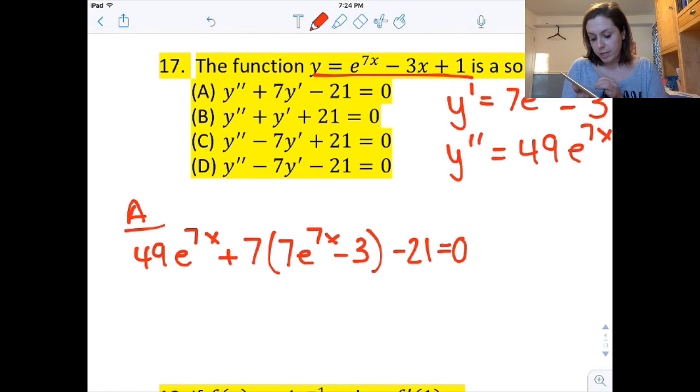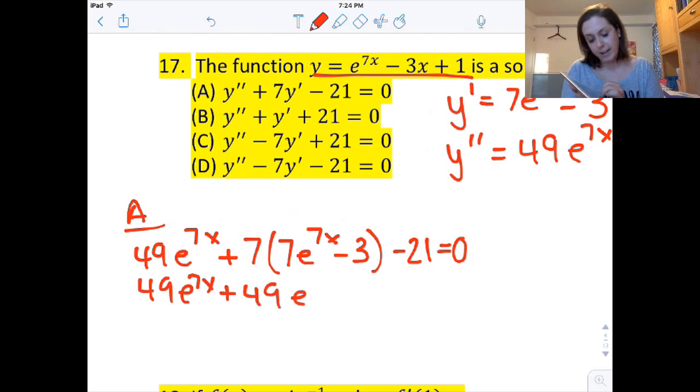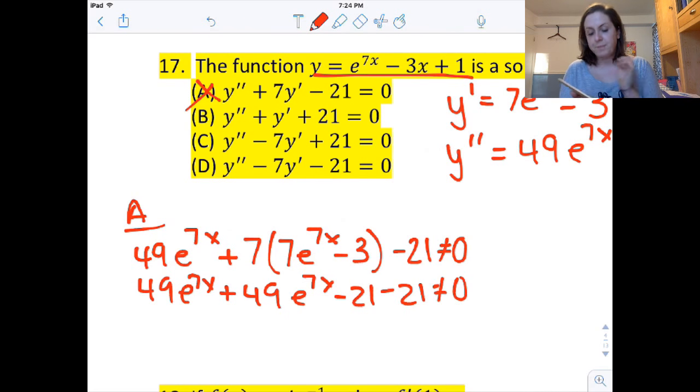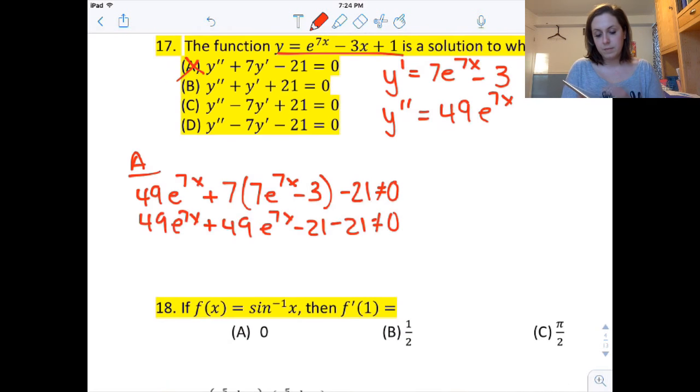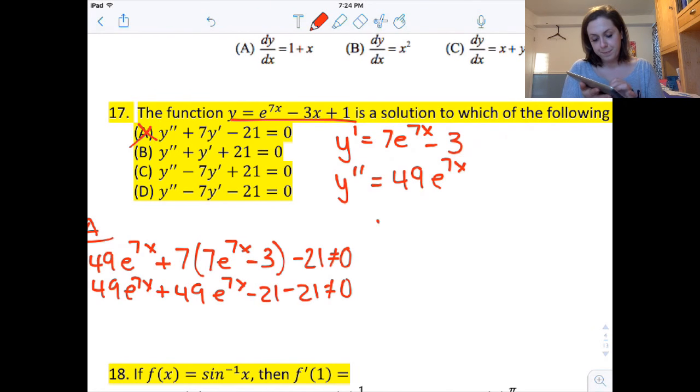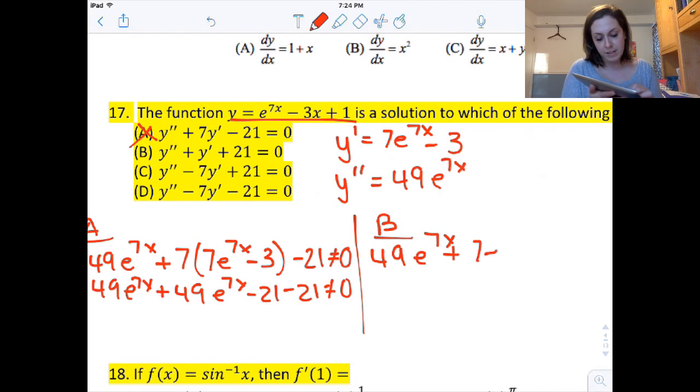So 49e to the 7x plus 49e, I can already tell you this isn't going to be true, minus 21 does not equal 0, so it's not A. All right, let's try B. For B, I'm saying y double prime, which would be 49e to the 7x, plus y prime, 7e to the 7x minus 3, plus 21 equals 0. No way, Jose. Not going to happen.